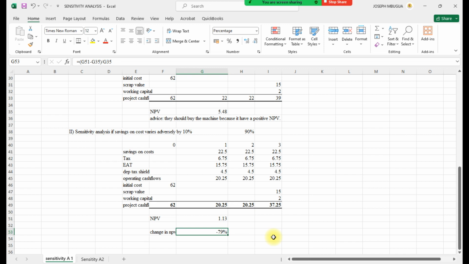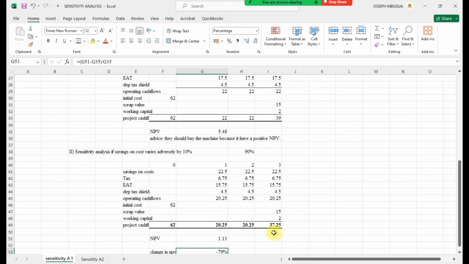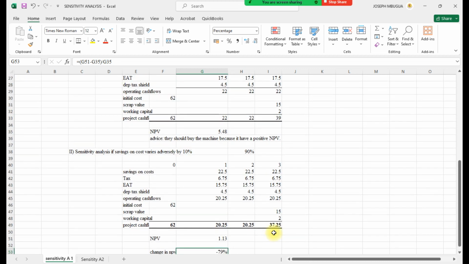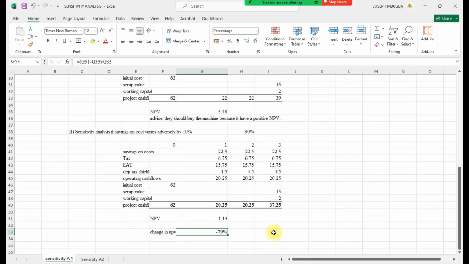So that's how you deal with questions of sensitivity analysis. We vary just one item at a time, and you get the resultant NPV.